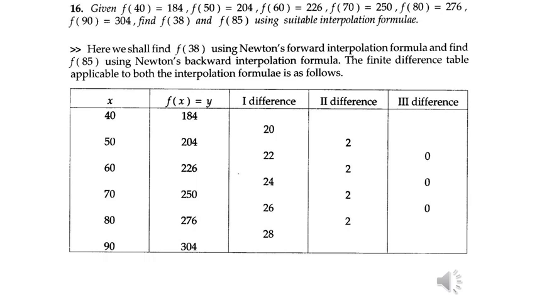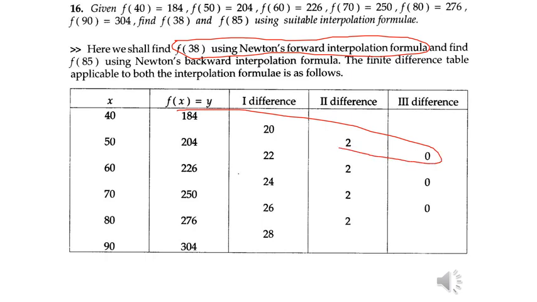To find f of 38 using a forward interpolation formula, these entries are very important. That is, this is y naught, delta y naught, delta square y naught, delta cube y naught.